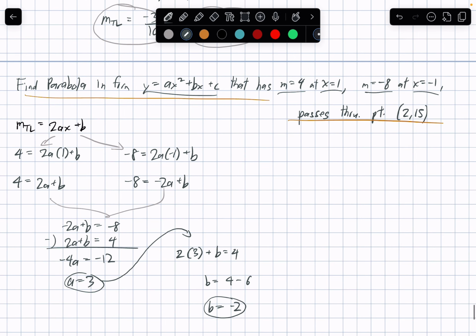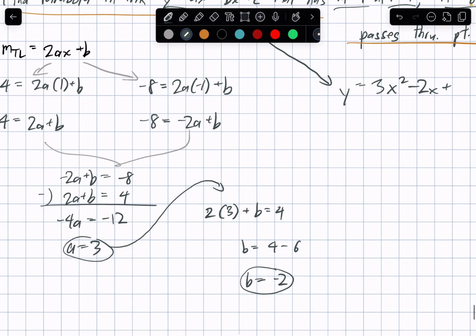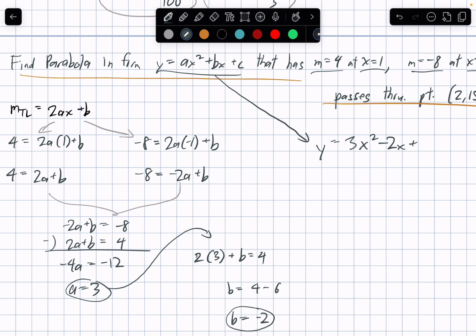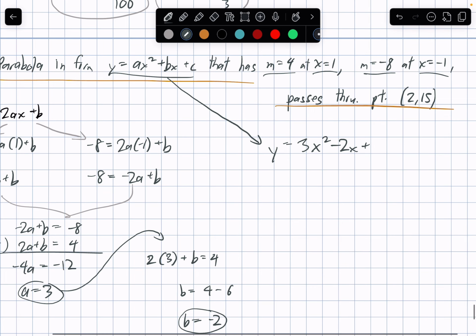So from there, using the format, y is equal to 3x squared minus 2x plus what is our c going to be? We don't know yet. It says it passes through the point 2, 15, right?